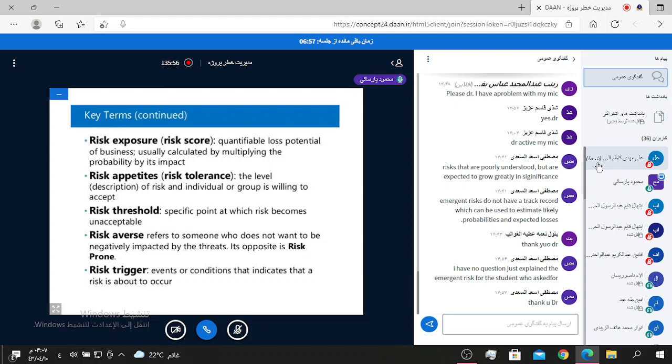And the risk threshold is a specific point at which risk becomes unacceptable.